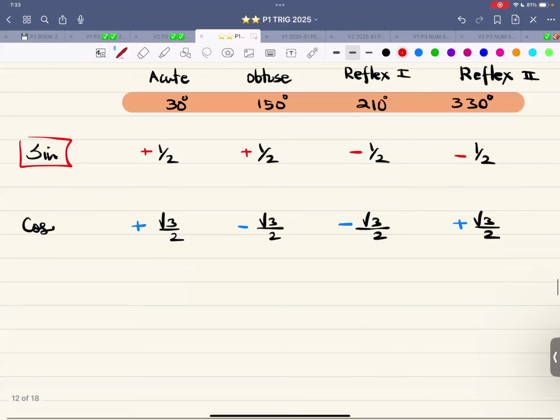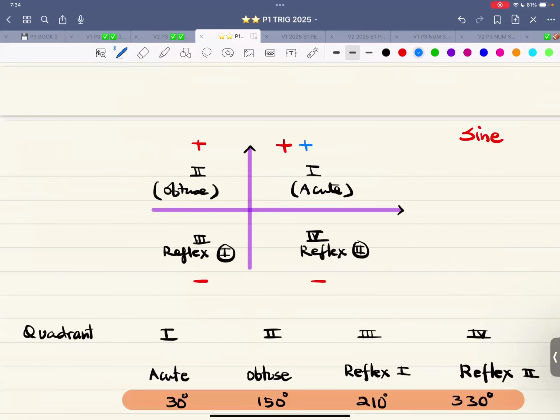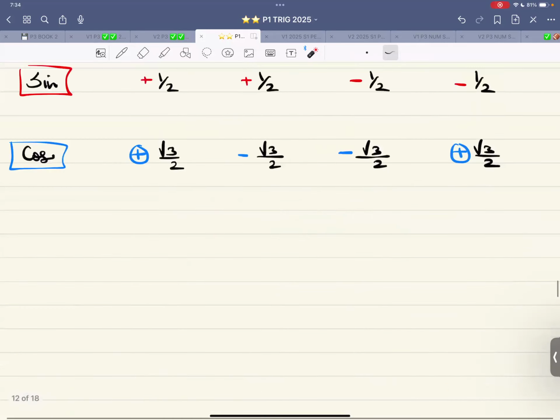So now when we talk about cosine, what do we observe? It's positive in the first and positive in the fourth. So blue stands for cosine. And let me just remove the negative signs. So cosine is positive in the first and fourth, sine is positive in the first and second.